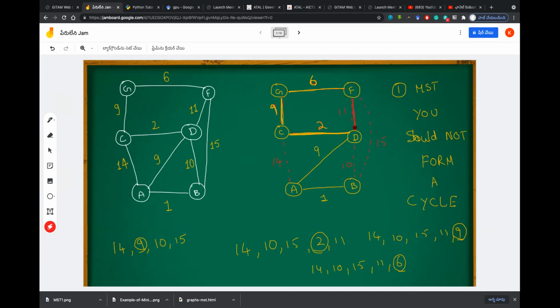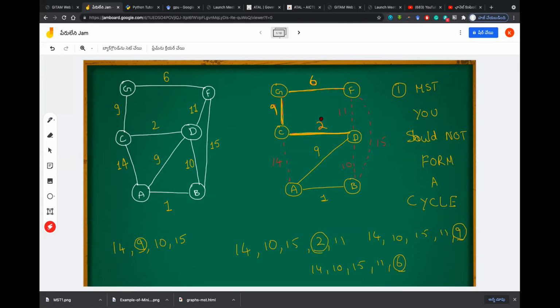If you're trying to fill this one, then this also forms a cycle. So remember, if you are at a position where anything that you are trying to fill is forming a cycle, then you have to stop there itself. So this is your minimum spanning tree. And minimum spanning trees never consist of a cycle. So the graph which is set as a minimum spanning tree will never consider a cycle.